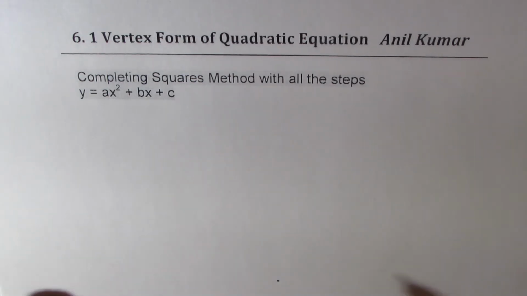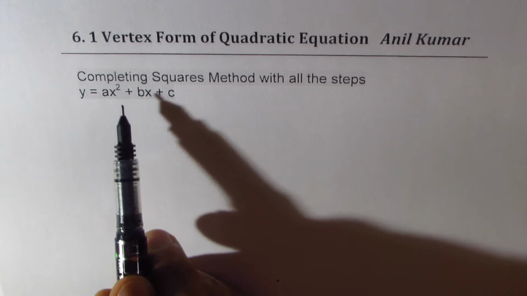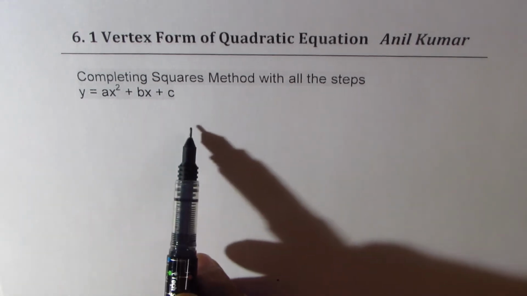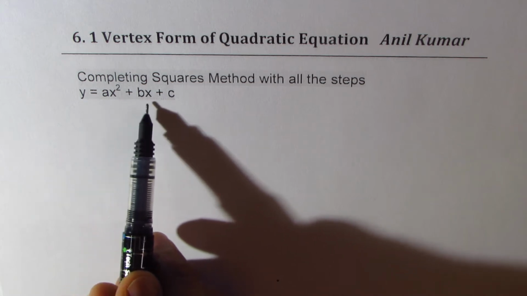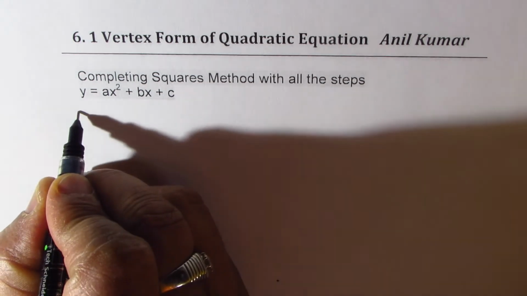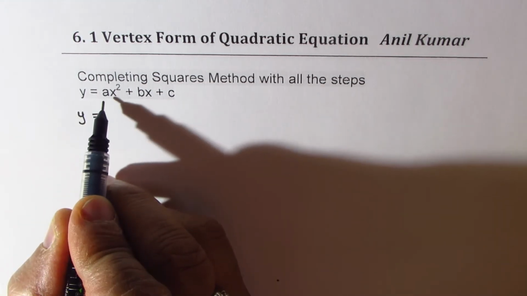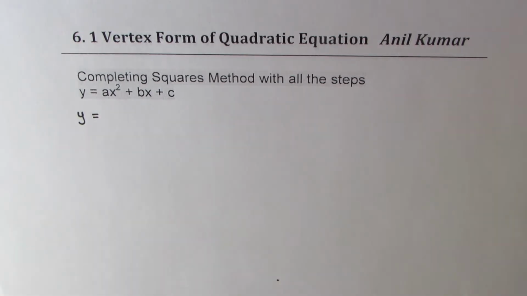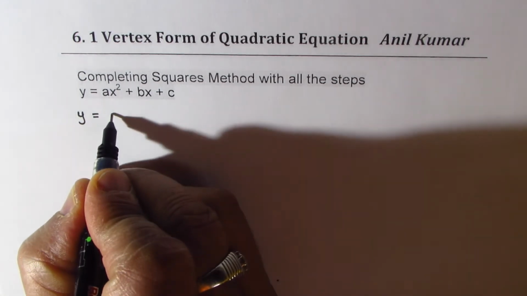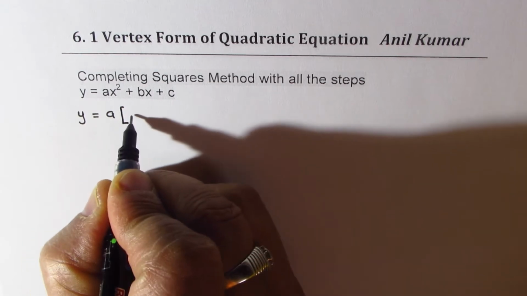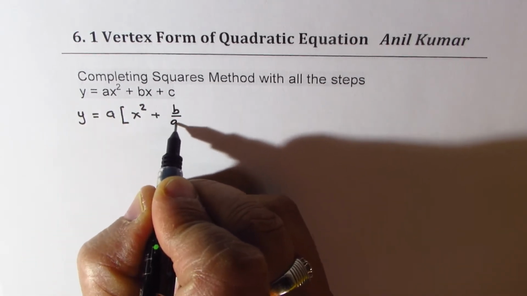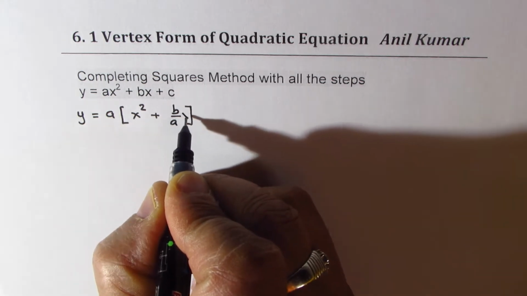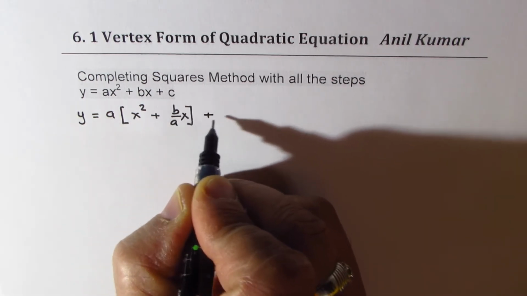Now let's try to understand the steps involved for the completing the square method. The equation is y equals ax squared plus bx plus c. The very first step here is to factor a, the leading coefficient. So when you factor a, what do you get? You get x squared plus b divided by a x plus c, right?